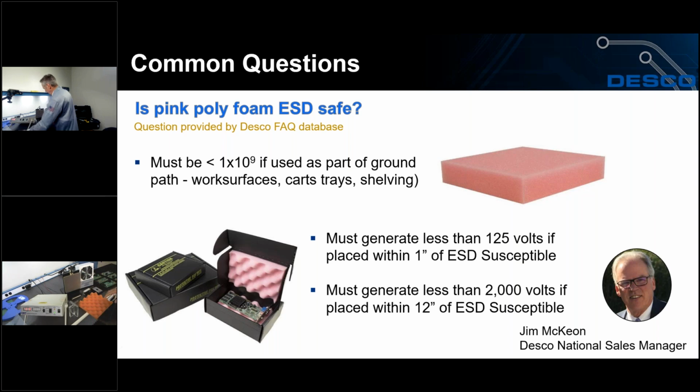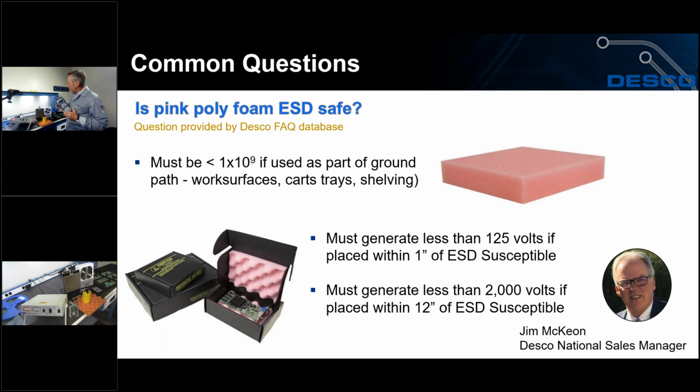Okay. So I'm going to set my field meter aside and set my pink poly foam on the workstation. I have my surface resistance tester that's in my survey kit, and my 5-pound weight. If you were here last week at our presentation, you'd see we did all the resistance measurement tests. But basically, what I'm going to do is an RTG test, or resistance to ground.